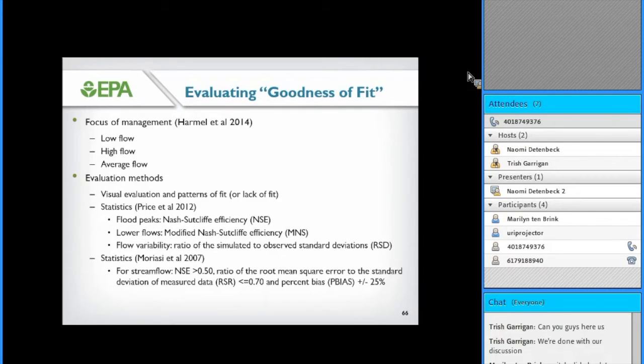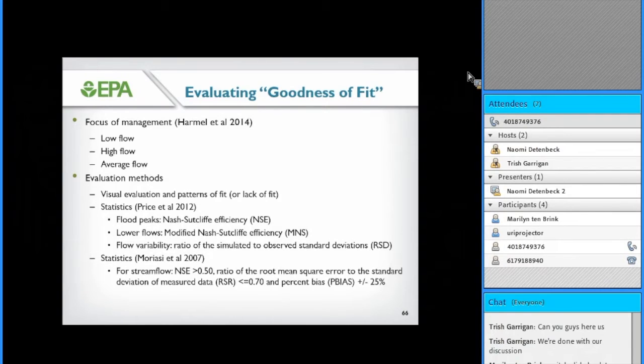So if you're trying to develop management actions that will address low flows, you'd be paying particularly close attention to your time series to see if the low flows are represented reasonably well. So that will give you a set of management actions that would be better from that perspective. High flows, similarly, if you're looking at flooding, you'd want to make sure that your peaks are sort of close, and average flows is a sort of different perspective.